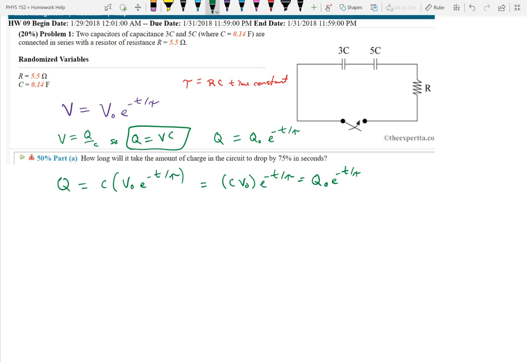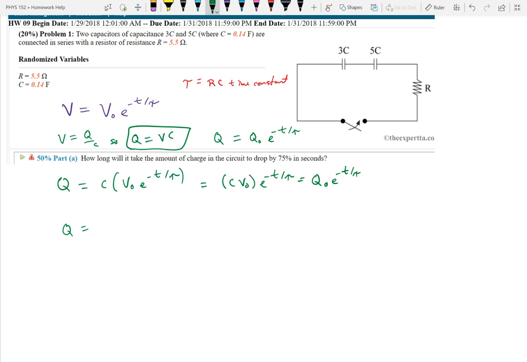We are given a situation where Q is dropping by 75%. So if it drops by 75%, what is Q going to be compared to Q initial? 75% less, which is what value?